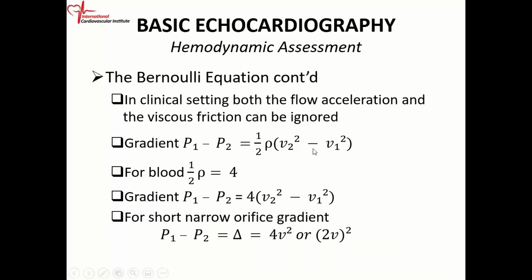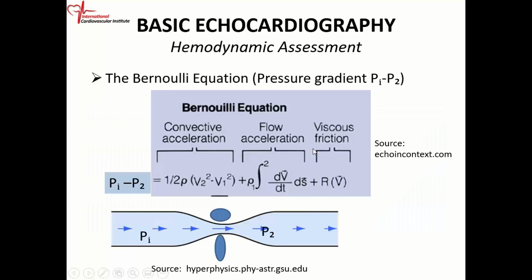So for blood, let me just go back to the formula. For blood, the viscosity is negligible. Flow acceleration is also negligible. So you can drop these. The blood is not very viscous, so you can neglect viscous friction and flow acceleration.